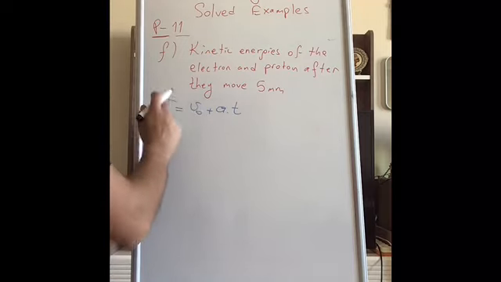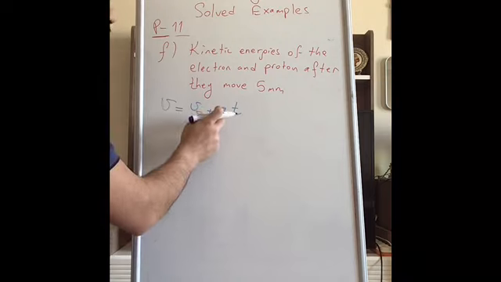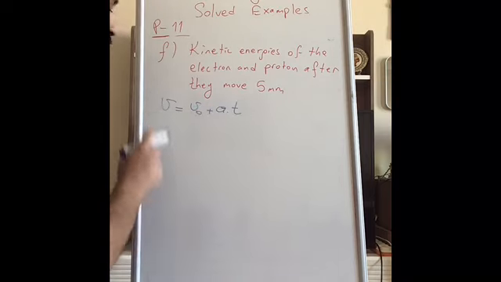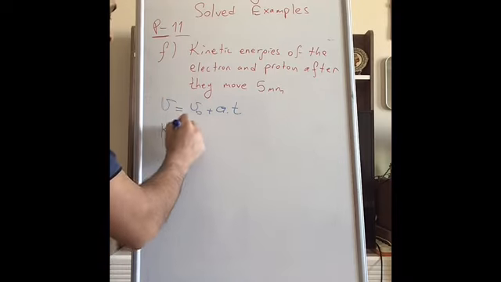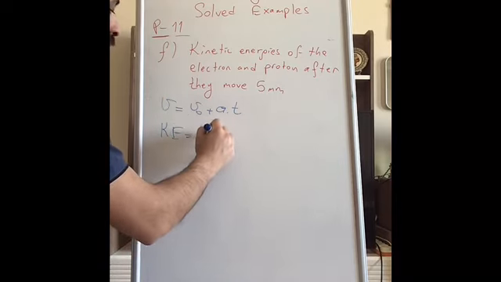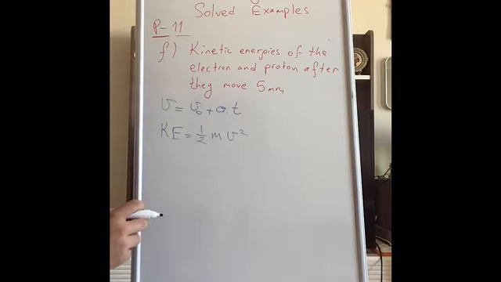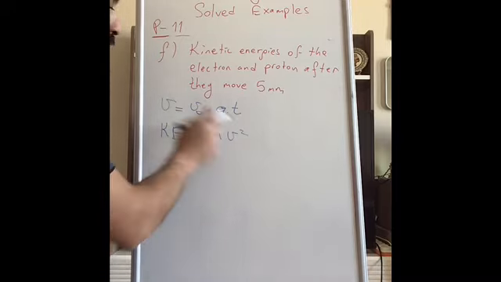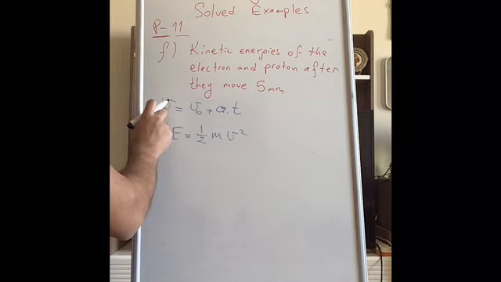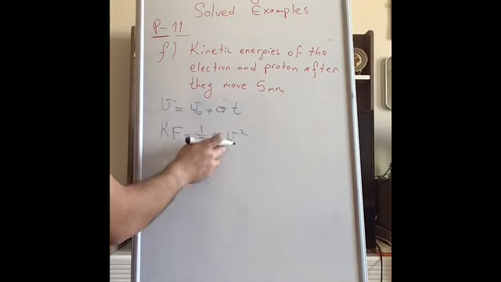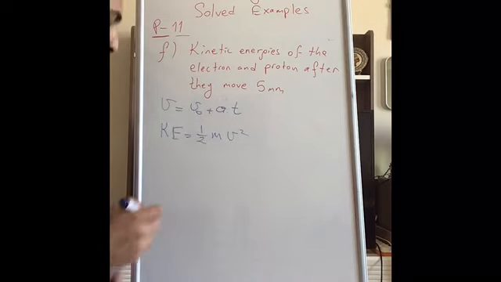So for the velocity of the electron, we can just multiply its acceleration with the travel time of the electron. And then we can write the kinetic energy is equal to 1/2 mv squared. All right, we already know the masses of the electron and proton. So after we calculate their velocities after they move 5 millimeter, we can plug them into this equation to calculate the kinetic energy.